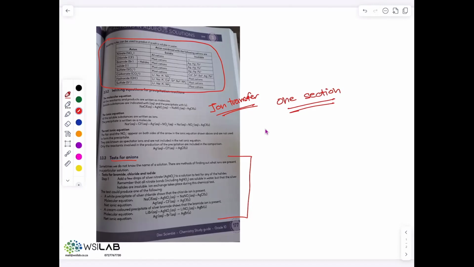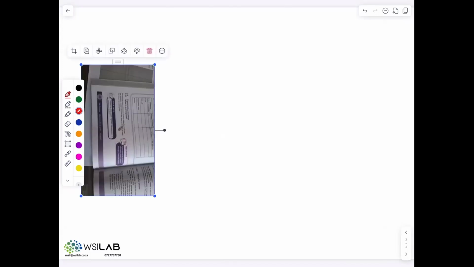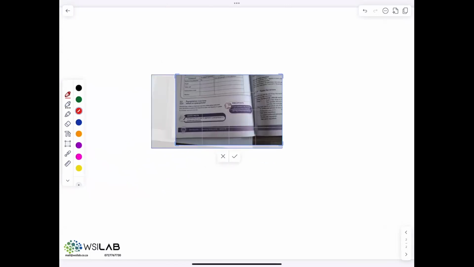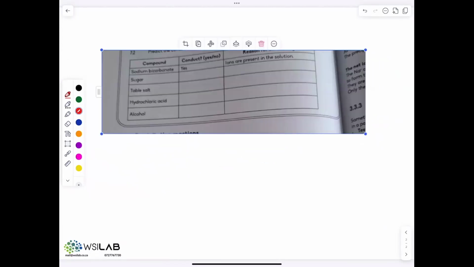So look at this. This is also something that you have to look at. They're going to give you compounds, like sodium carbonate, Na2CO3.